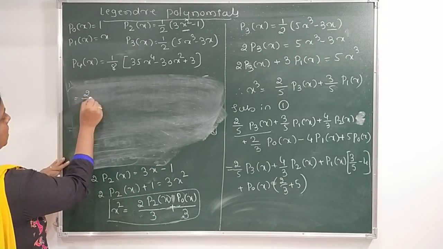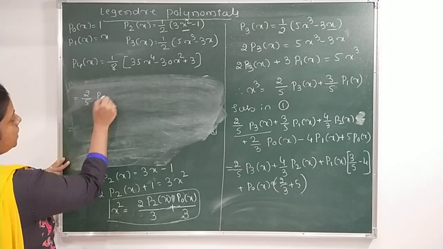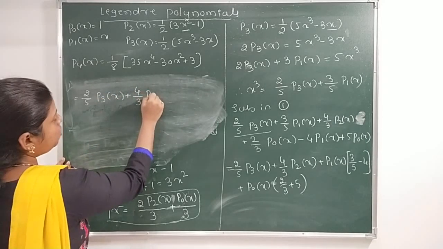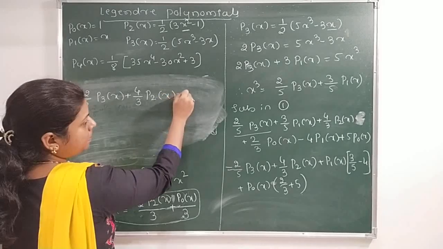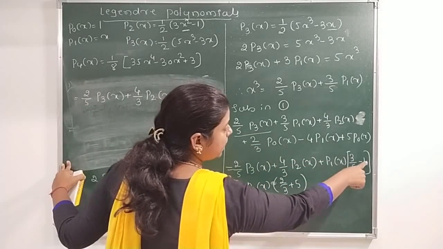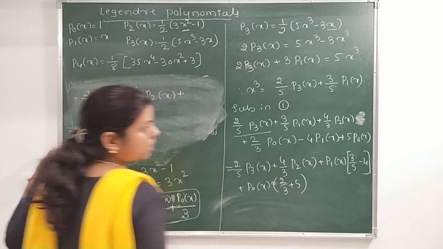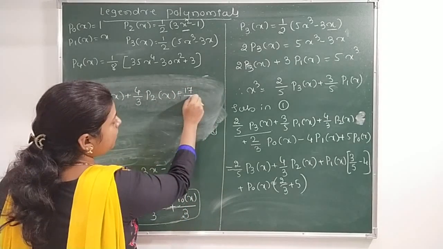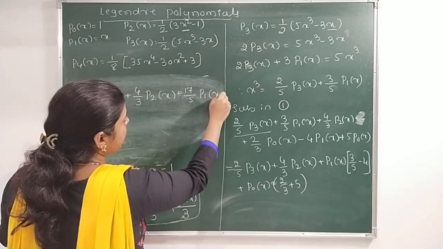We get 2 by 5 P3 of x plus 4 by 3 P2 of x plus, here taking the LCM 5, 3 minus 20 is minus 17, minus 17 divided by 5 P1 of x.